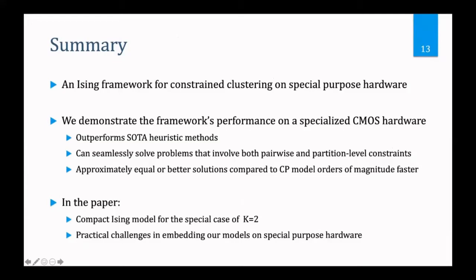We also show that it can seamlessly solve problems that involve both pairwise and partition level constraints, and that it produces a solution approximately equal or better compared to a CP model in an order of magnitude faster runtime. In the paper, we present a compact Ising model for the special case of 2 clusters, and we also discuss practical challenges in embedding our model on special purpose hardware.